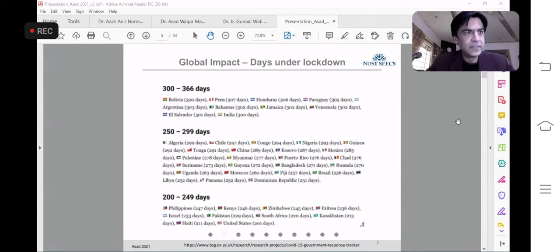Okay, so this is the global impact, days under lockdown. Because of this pandemic, we have observed that the countries went under complete lockdown. They completely shut down their businesses, their industries, their markets, everything, right? Because this is the only way they could tackle this pandemic. Apart from that, the people who are on daily wages have struggled a lot, right?